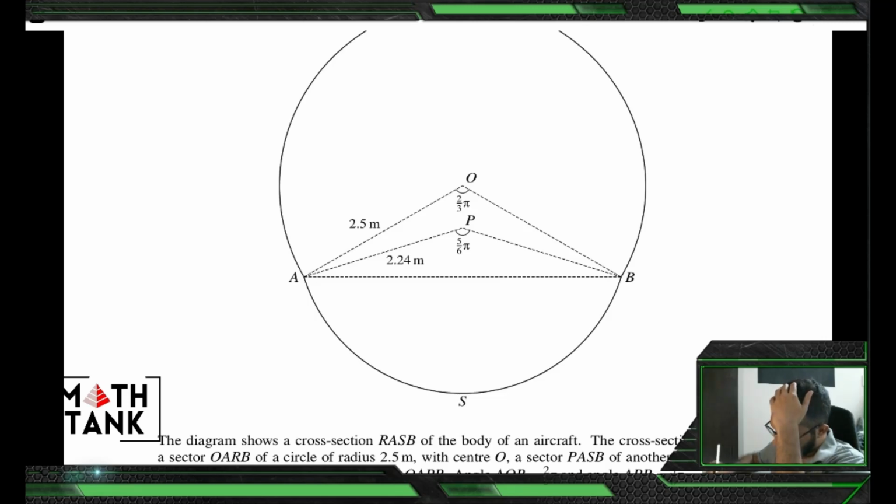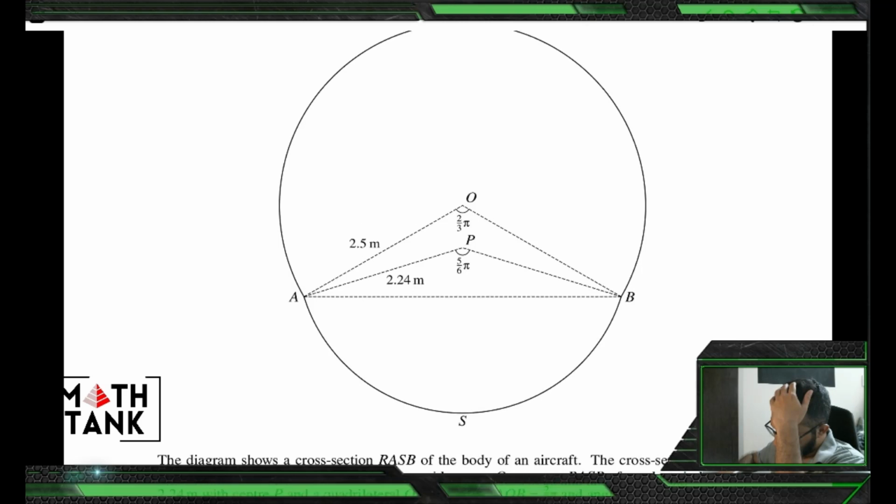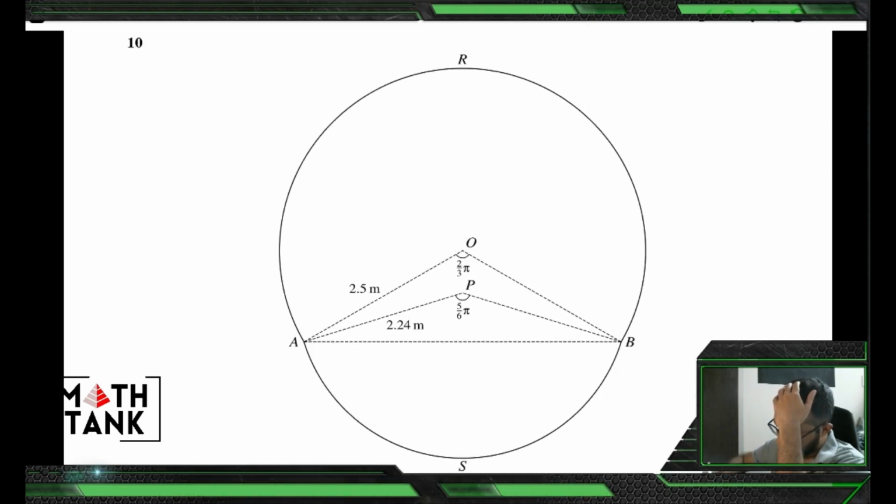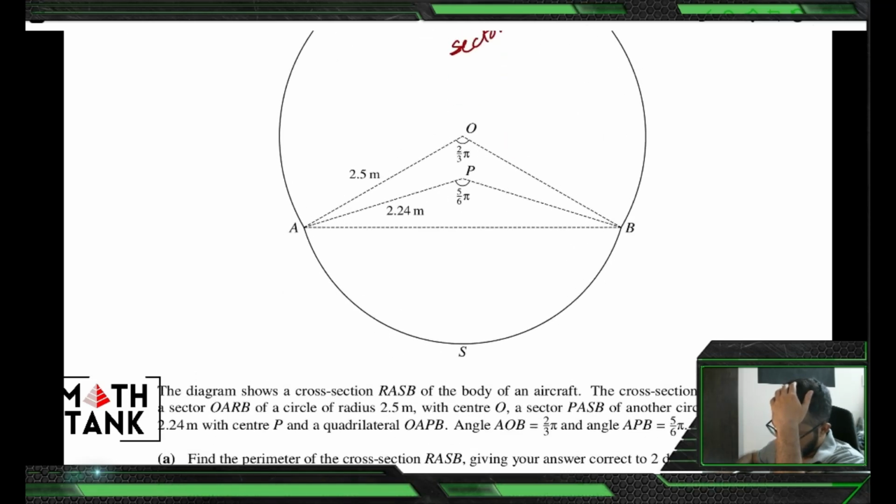Okay, so OARB is a sector and it has center O, and this is another sector with center P. That's also the center for the other circle.